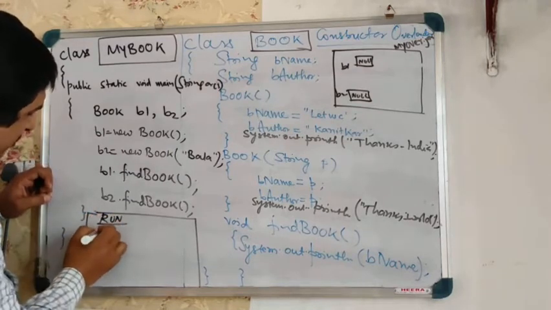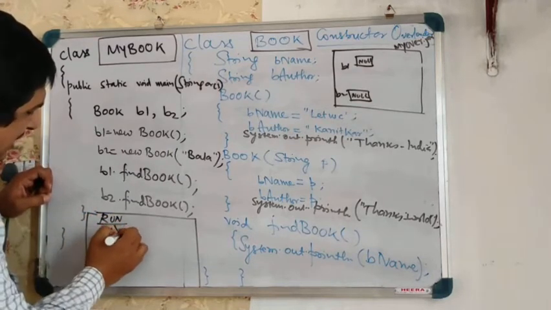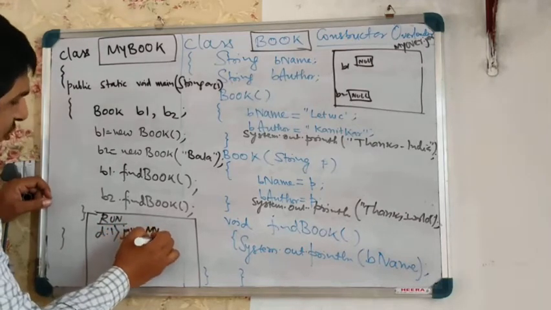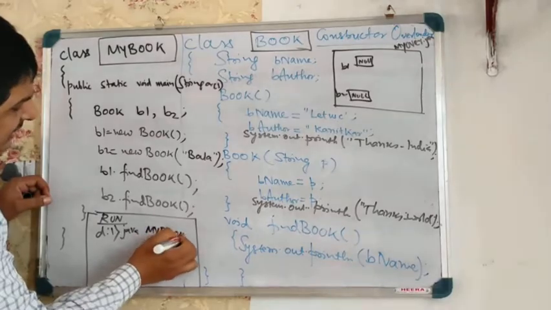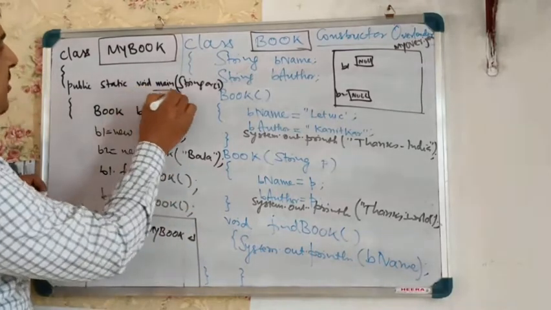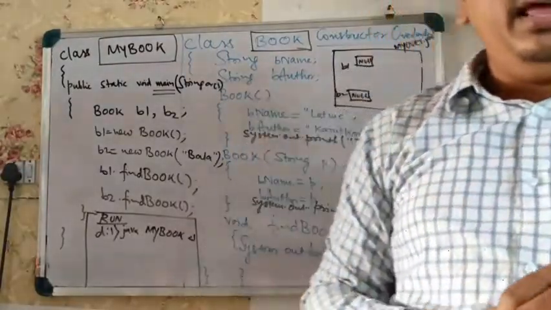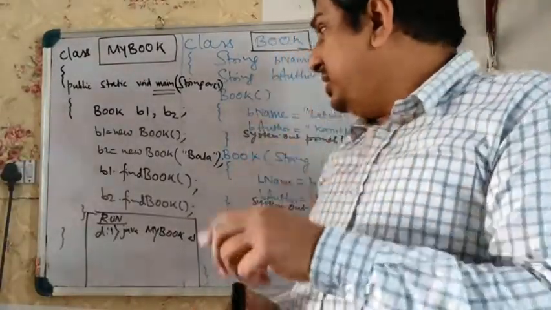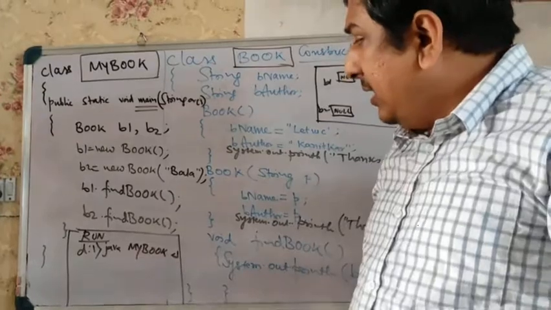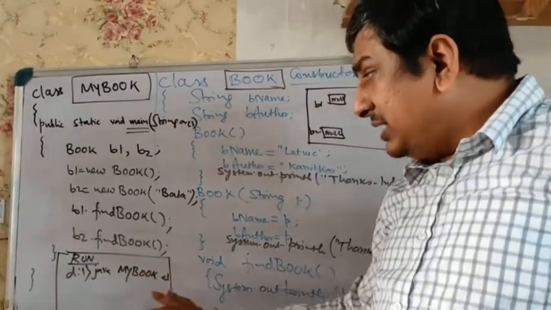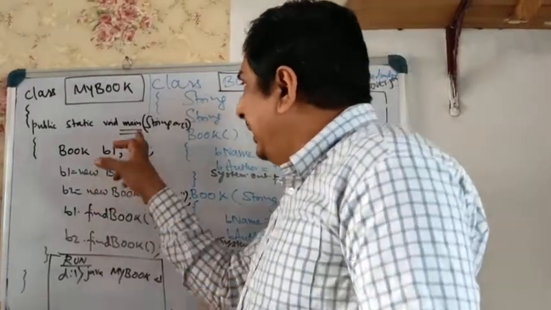I will go into the D drive and write java, again the same, my book. Why? Because it contains the main method. While we run, we should put the name of the dot class file which actually contains the main method.